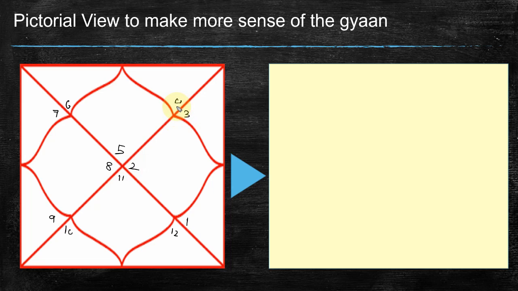Now say let's assume that the Lagna Lord Sun is actually in the third house, debilitated, but that's okay. Let's not get there now.